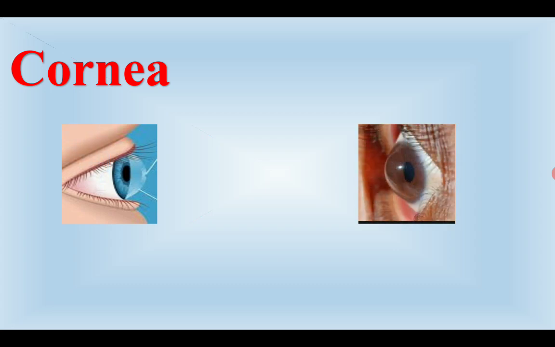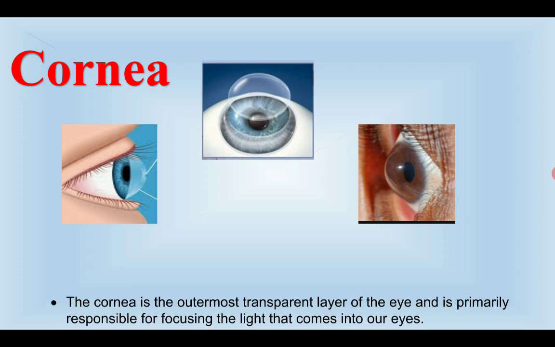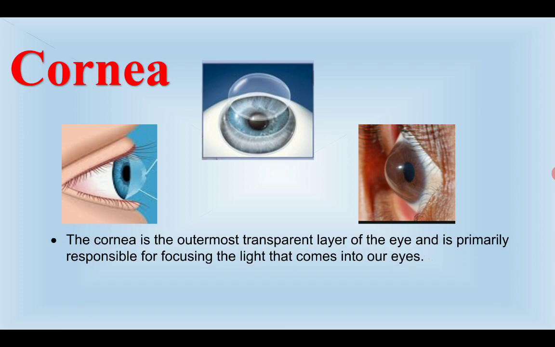And as you can see from these pictures, the outer layer is the cornea. Now the cornea is the outermost, transparent layer of the eye, and this is basically responsible for focusing the light that comes into our eye.